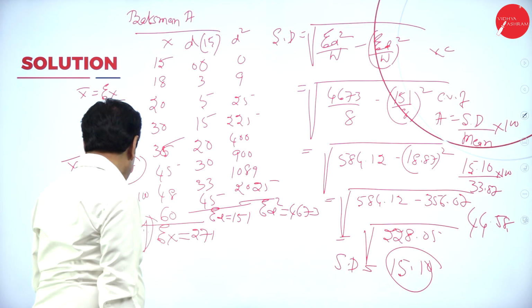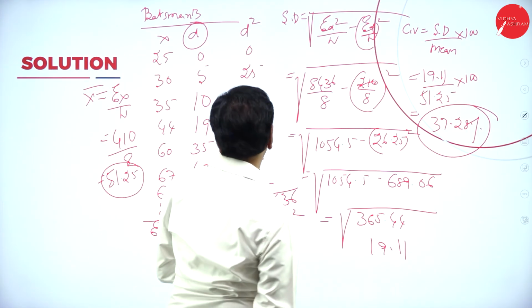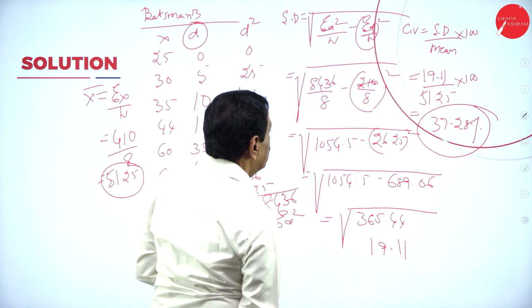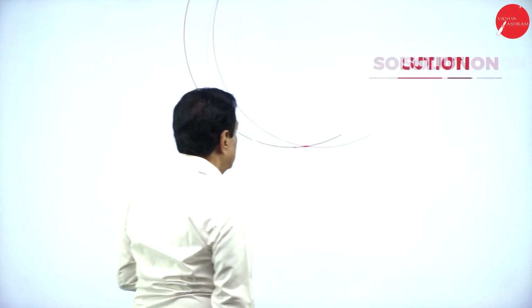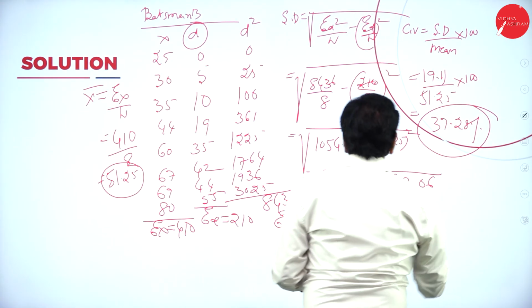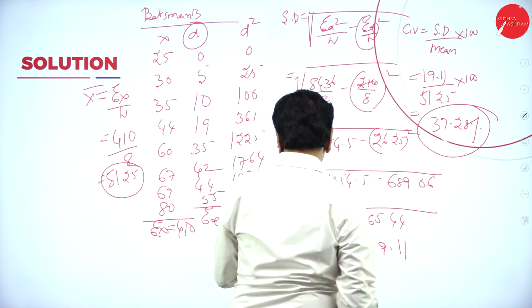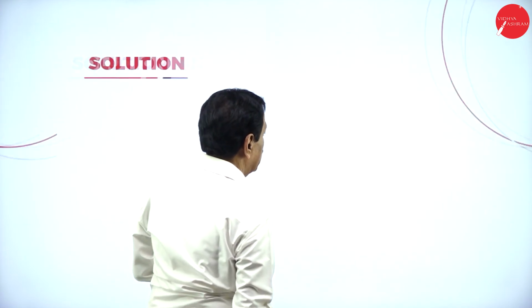Batsman B, mean is 51.25. Batsman A, conclusion. You have got a conclusion value.